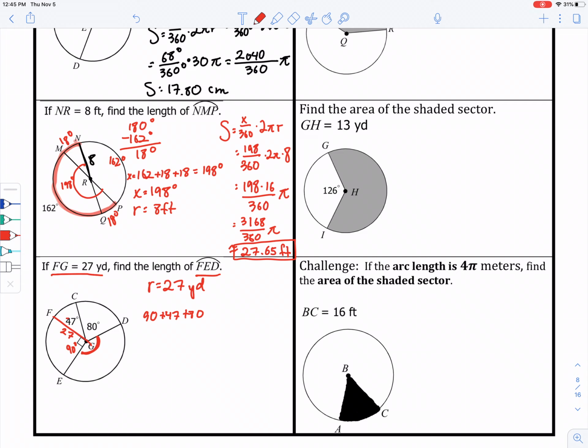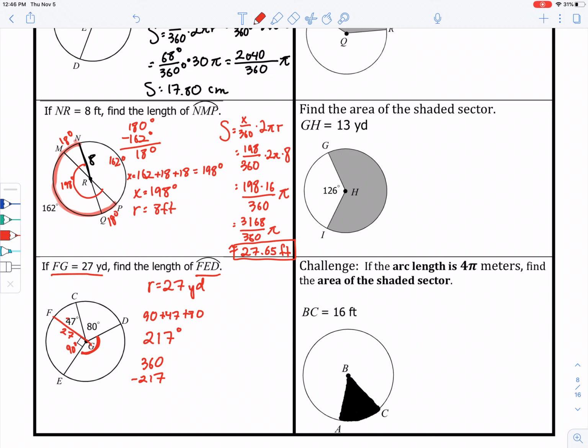Okay. So I have 90 plus 47 plus 80 gets us 217 degrees. But I'm going to take that number and I'm going to subtract it from 360.